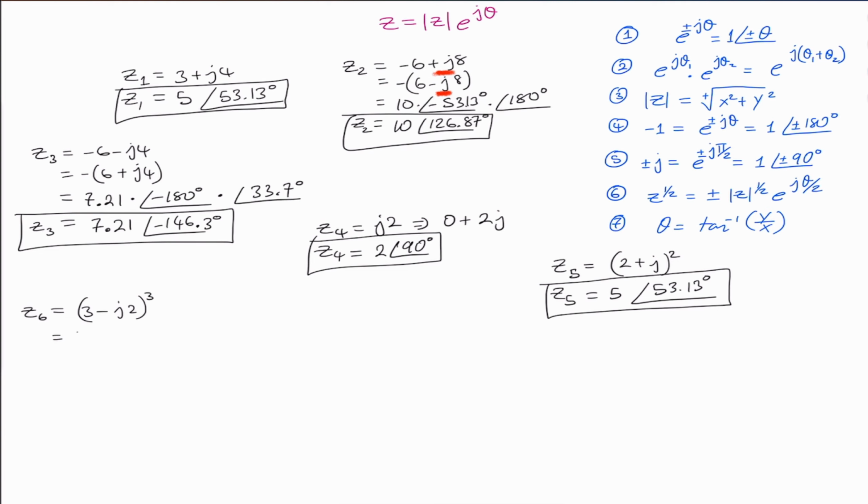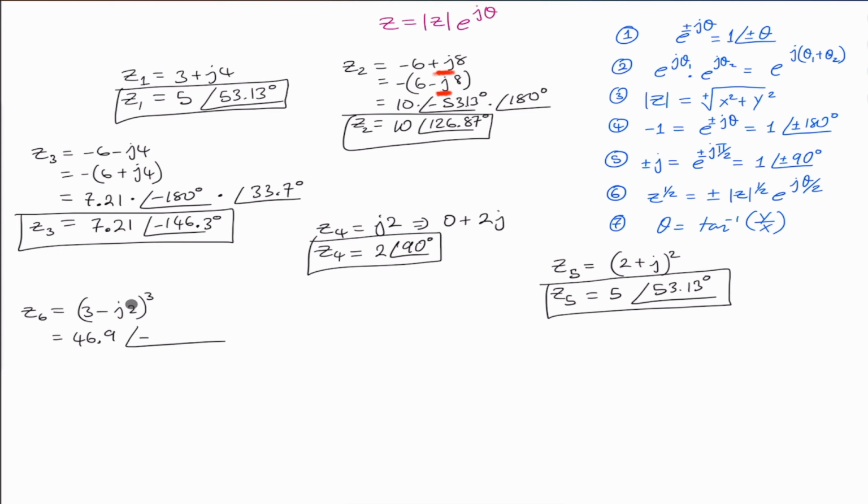Oops, that's 64, so that's 46.9. Then we write the angle. Here we have a negative j, so our angle is going to be negative. That's a negative inverse tangent of 2 over 3, and that'll give us 33.69.